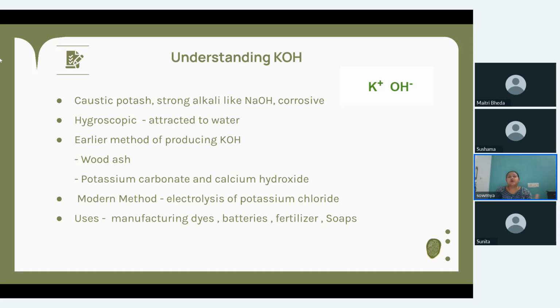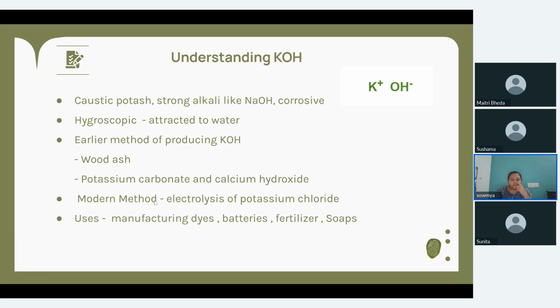Then with further advances in chemistry, potassium carbonate and calcium hydroxide were used to make potassium hydroxide, but still it was not very feasible, and the cost was very high in this method also.